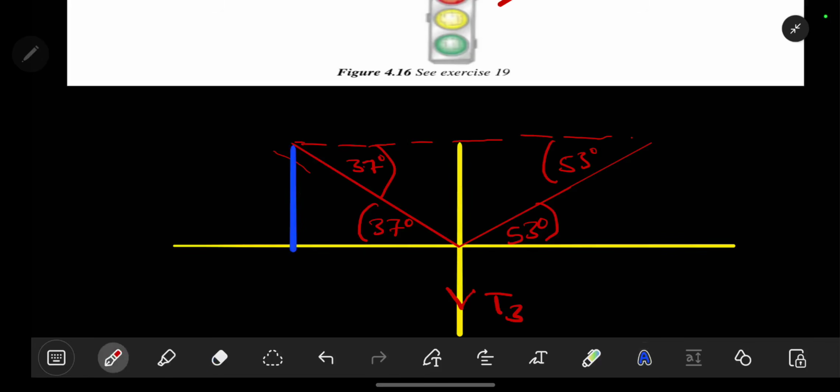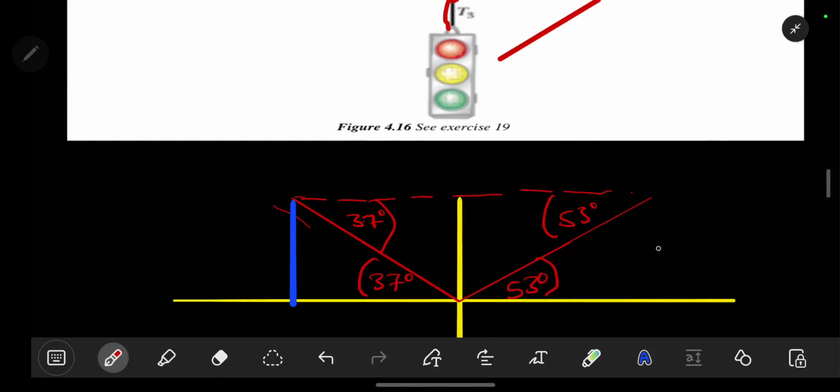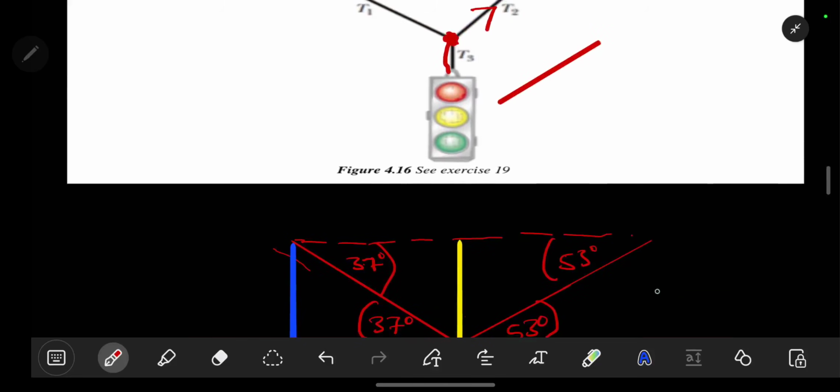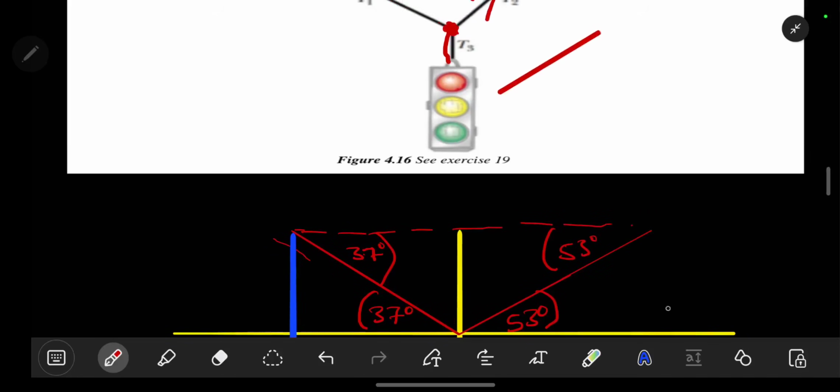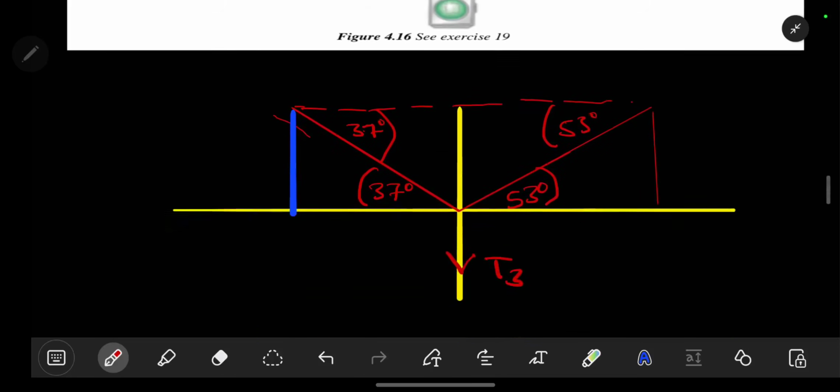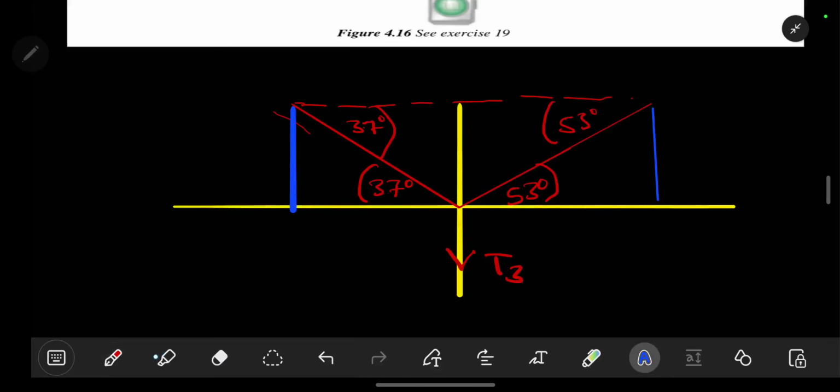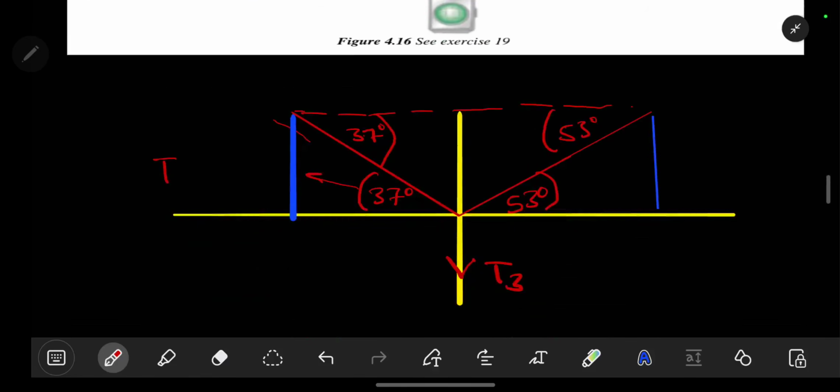Now this is where many students fail to grasp the concept. According to vectors, whatever is opposite will assume the sine. For example, if you look at this, the angle 37 is here. With reference to this angle 37, its opposite will be termed as your T. Remember, this is your T1, so this one will be T1 sine of the angle 37.